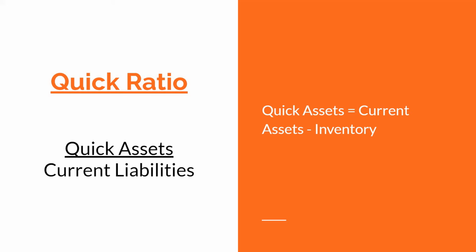The next, more advanced version of this is the quick ratio, where we take only quick assets, not all current assets, and divide them by current liabilities. Quick assets are your current assets except inventory. Why? Because inventory is a major part of your current assets, but it takes time to convert inventory into cash or receivables, because you have to make sales, and sometimes that takes a lot of time.